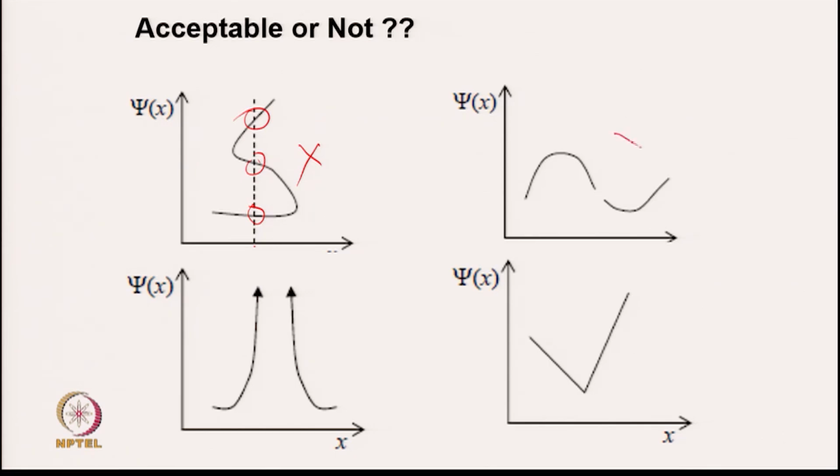The second one is not accepted because it is a discontinuous wave function. The third again is not acceptable, and the fourth is also not acceptable because there is a very sharp change in the wave function at this particular position of x. So, these wave functions are not acceptable.